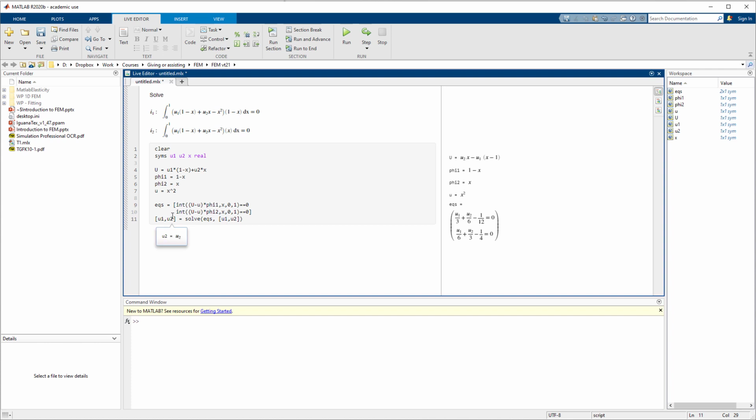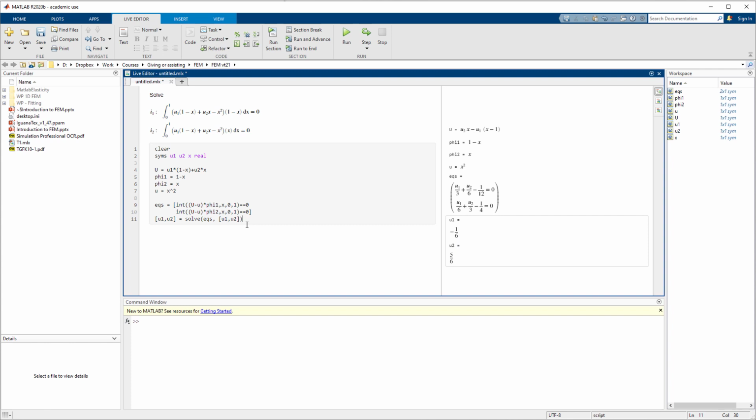So u1 might not be u1, it might flip around. By doing this explicitly, you're telling MATLAB to give you the output in a proper way. And this is the true solution then, or I mean the nodal values for our approximation.